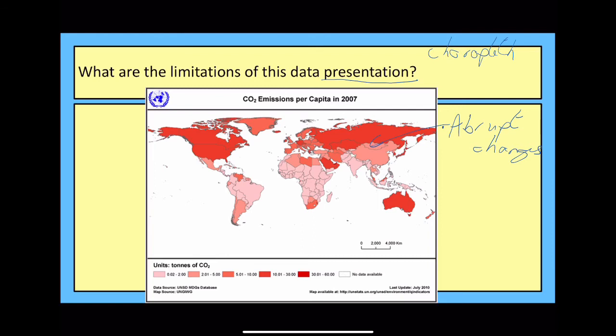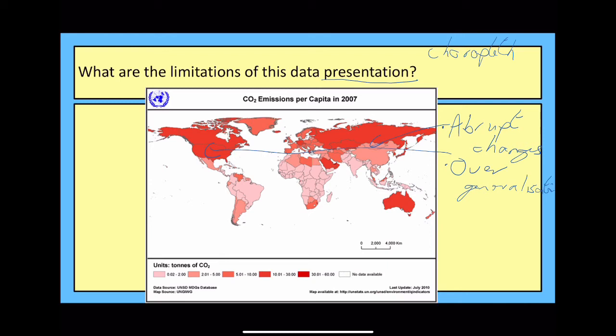On a similar note, overgeneralisation. So what I mean by that is if we have a look over here at America, population of over 300 million people, and they're all being generalised with basically the same figure. All those people in that per capita area are being treated as though they emit the same amount of CO2, when in actual fact it might be that some states emit huge amounts and other states emit a lot less.